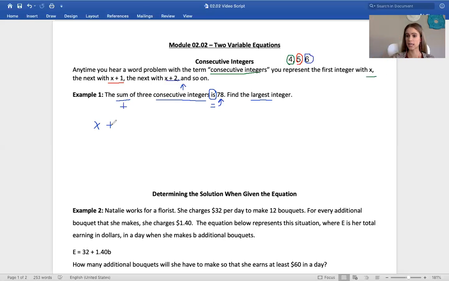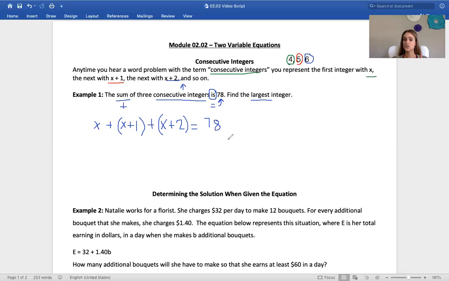My second number, if it's consecutive, would be 1 more than that, so my original plus 1. That would be my second integer. And then I have a third consecutive, so my original plus 2. And that is equal to 78.